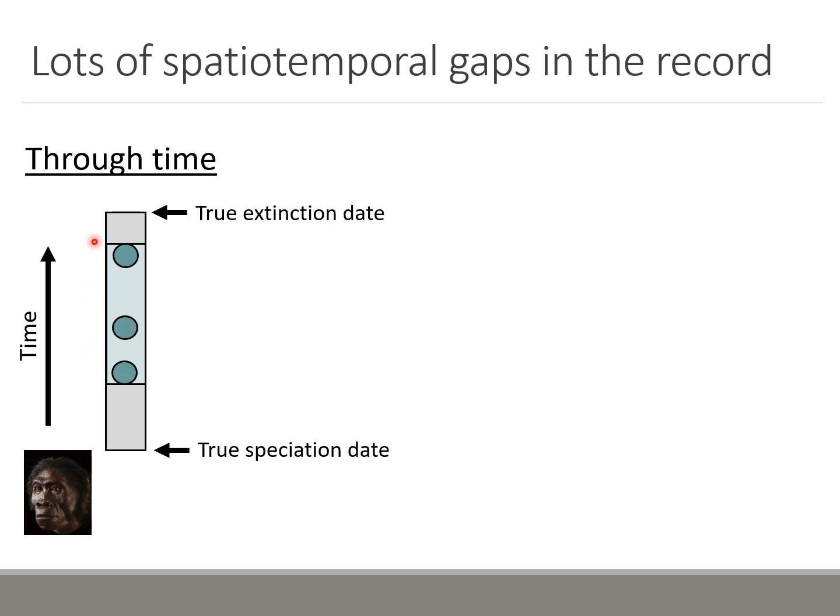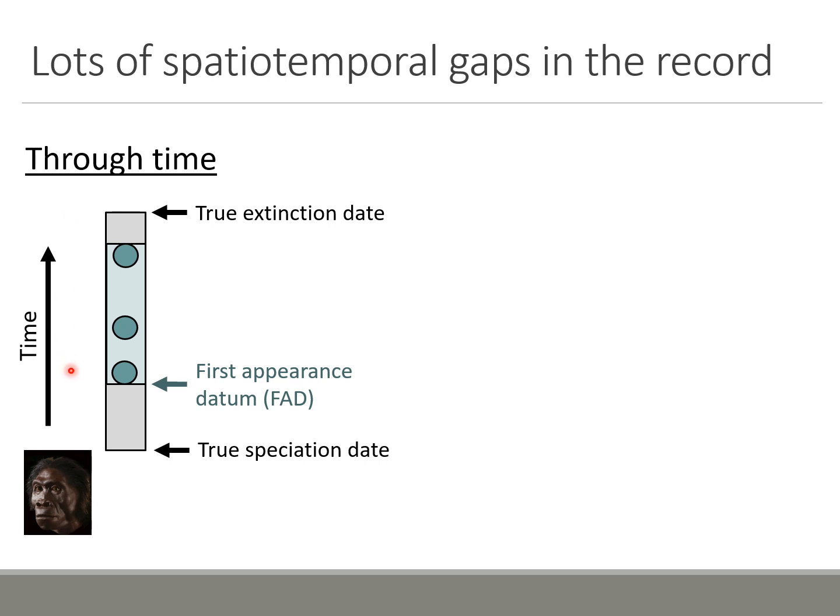And what we see is the temporal range, the observed temporal range that we know from the fossil record is shorter than the actual true range, which is something we don't know, okay? Because again, we can only ever know about this stuff through the fossils. Okay, so it's shorter.